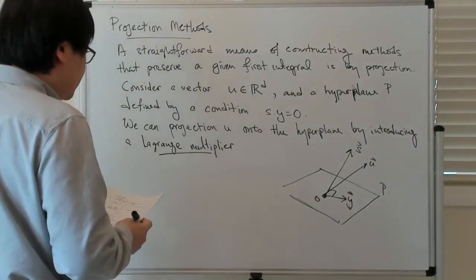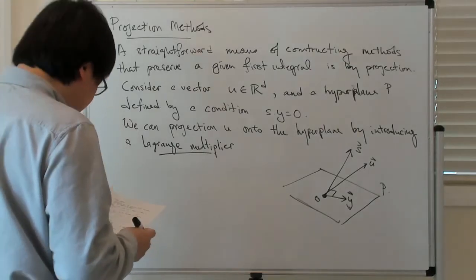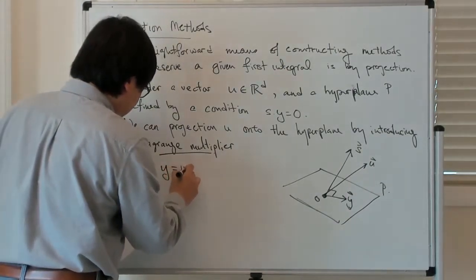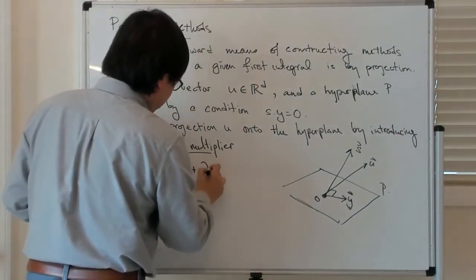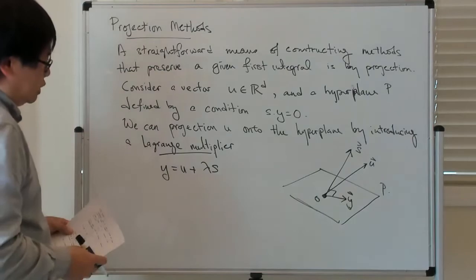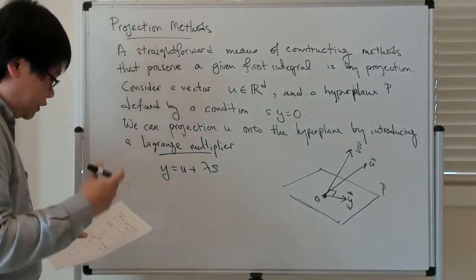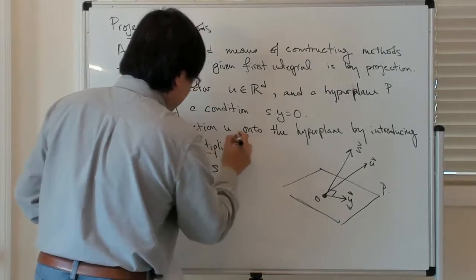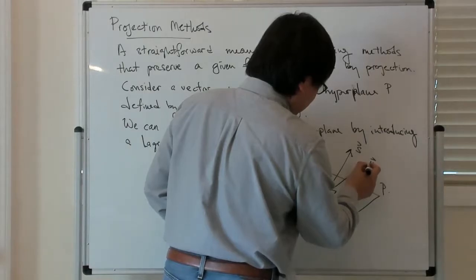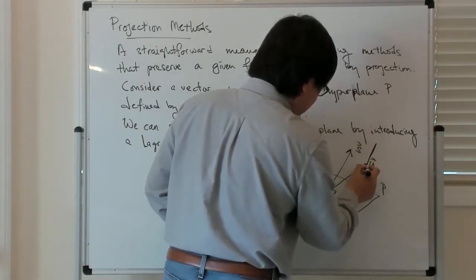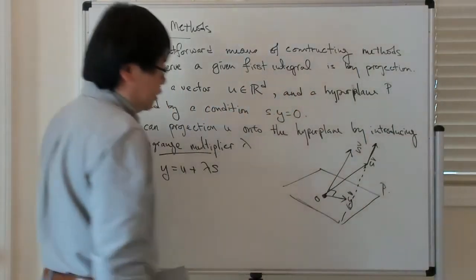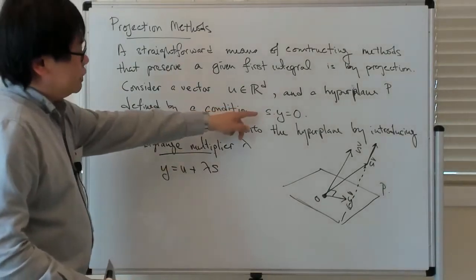So what you do is that you have y, which is going to be u plus some multiple of this normal vector s, and this multiple is denoted by lambda, which is a Lagrange multiplier. So you have this u direction and you allow yourself to move along this normal direction in order to achieve the condition which defines the hyperplane.